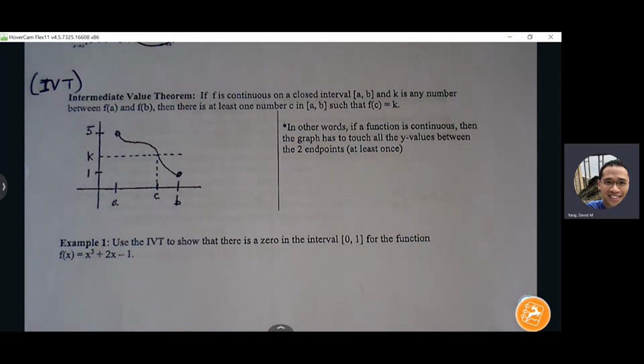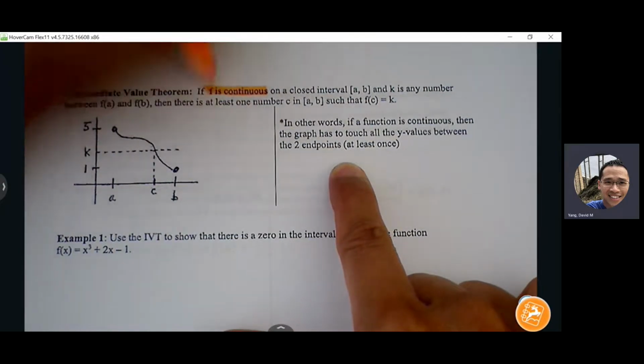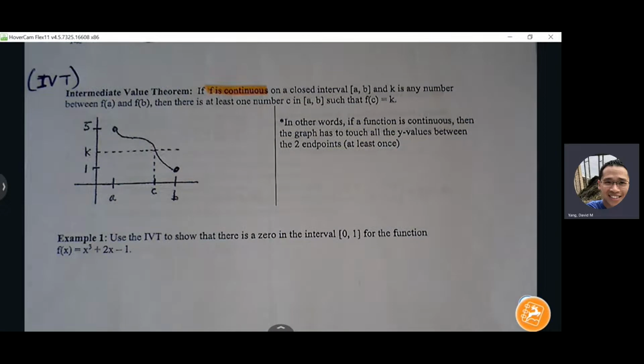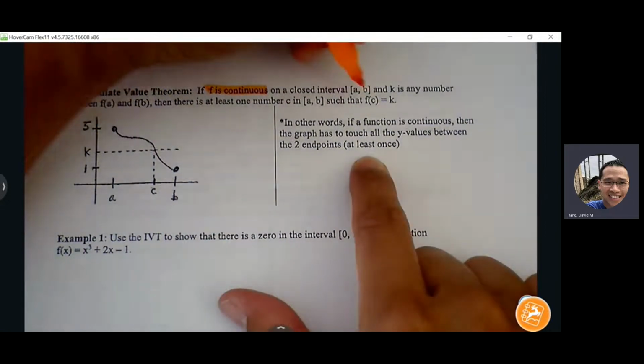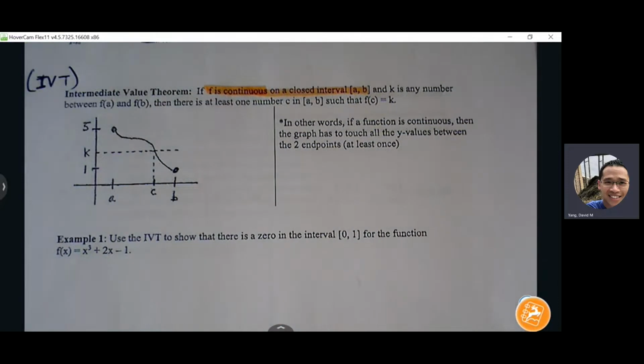So IVT says if our function is continuous, so that's an important statement, we cannot move forward if we cannot confirm that the function is continuous on the closed interval. So there can't be any holes or asymptotes. If there is, we can't make these conclusions with such limited information.